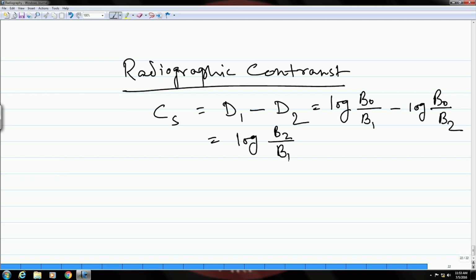Okay. So, this can be written in terms of the transmitted intensity V 2 and V 1.